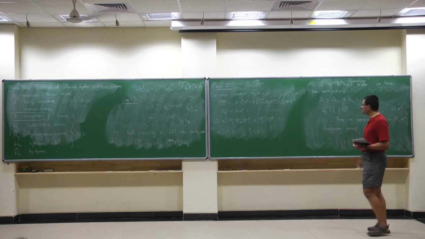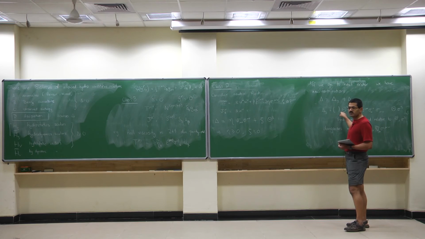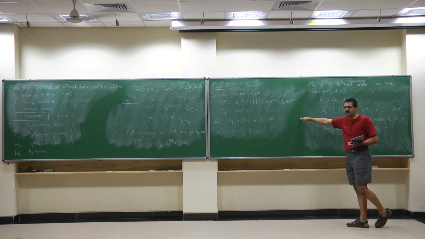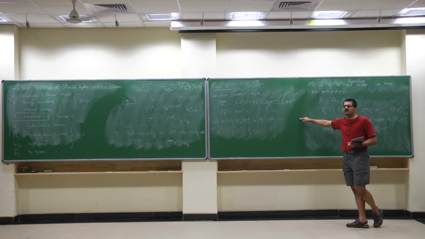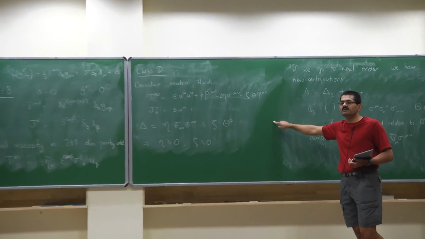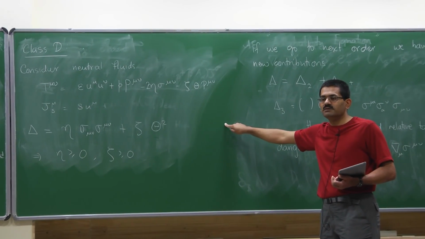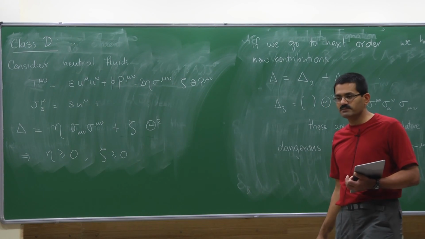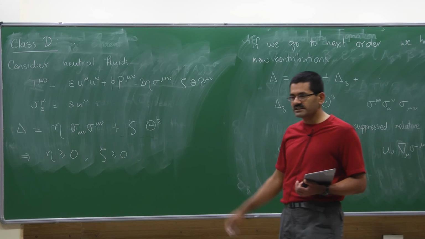The coefficient here is coming from higher derivative terms in T mu nu and in J mu s. I'm just saying that those transport coefficients are unconstrained. They can have either sign. You can't say anything. The second law doesn't tell you anything useful about them, like it did for eta and zeta.